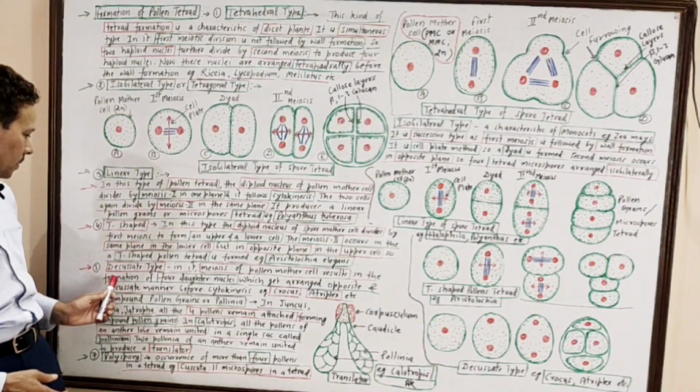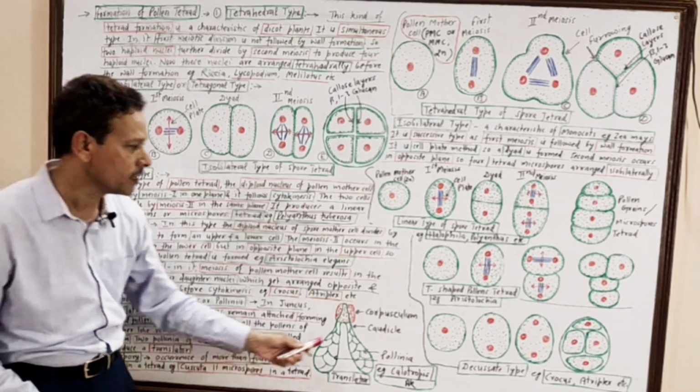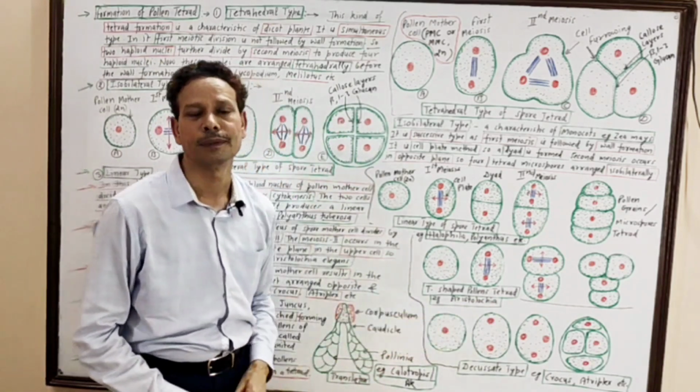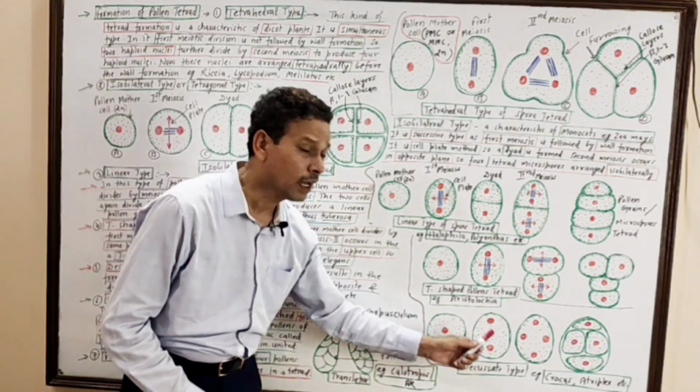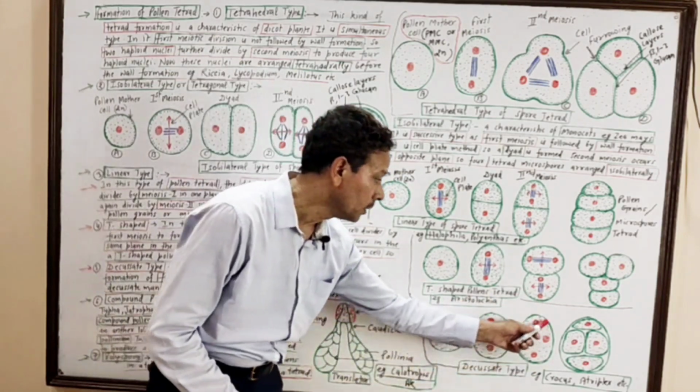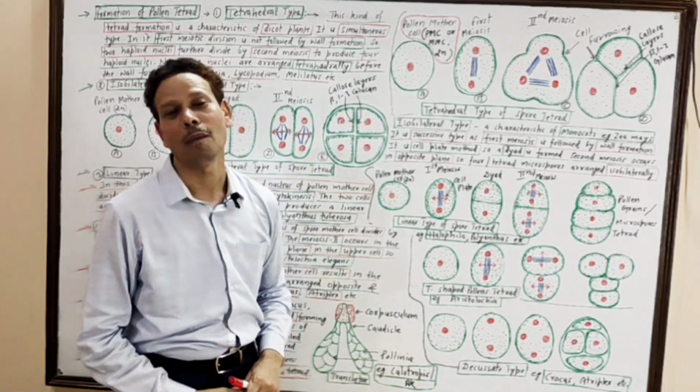Next type is decussate type. Dear student, this is decussate type. Here, after meiosis first, two nuclei are formed. It follows second meiosis. As a result, four nuclei are formed.